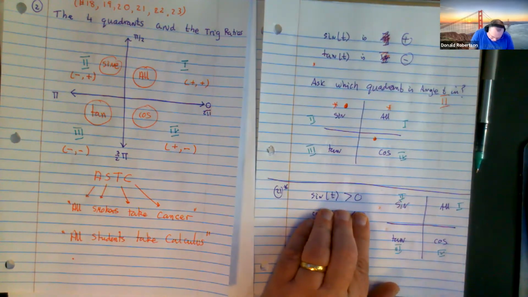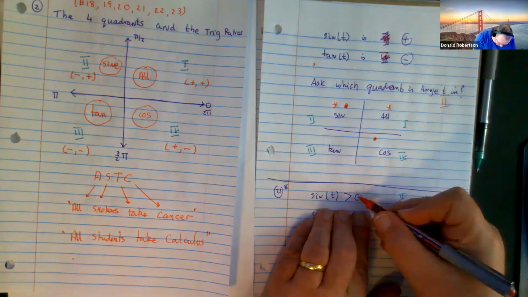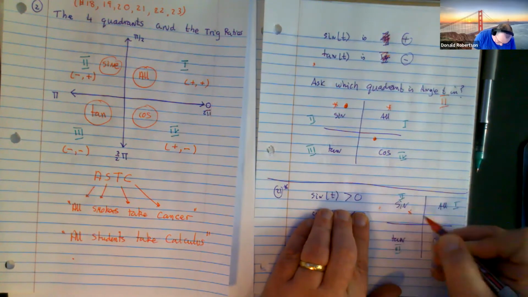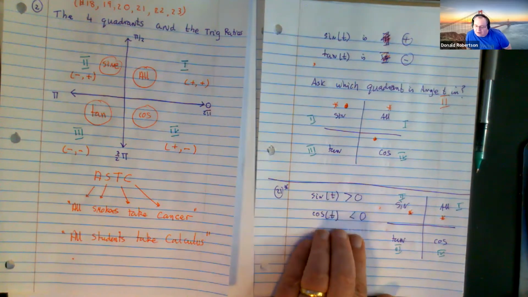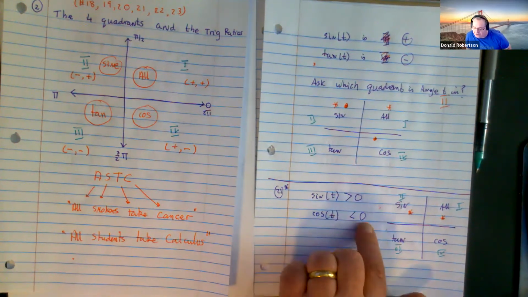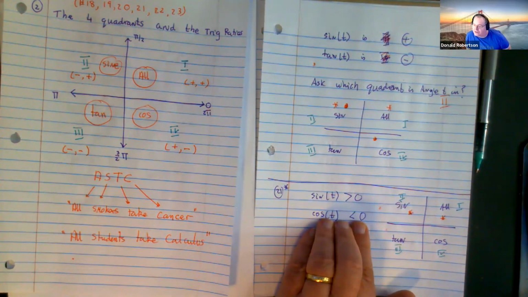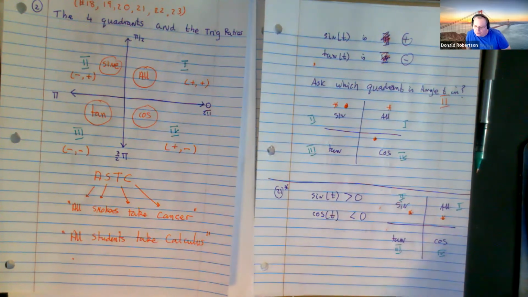Would you agree, because I already did it, sine greater than 0 means when is it positive? So that makes it these 2 quadrants, right? When is the cosine less than 0 is just another way of saying when is it negative. So in which 2 quadrants is the cosine negative? The second and third.